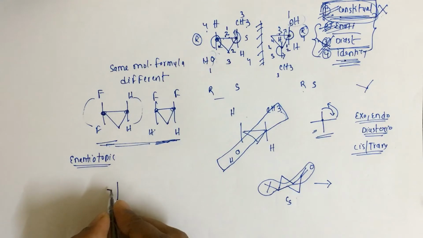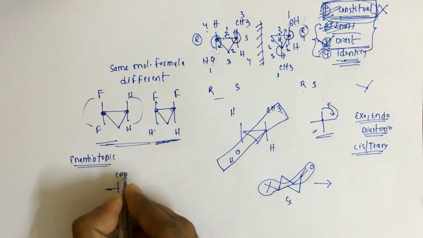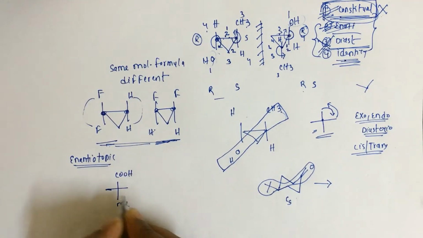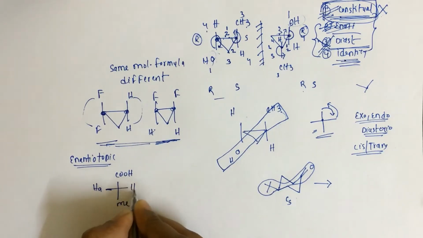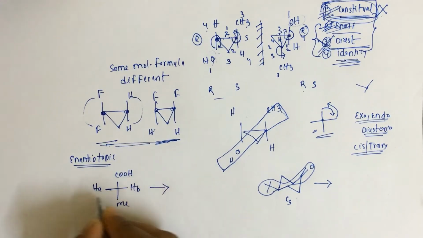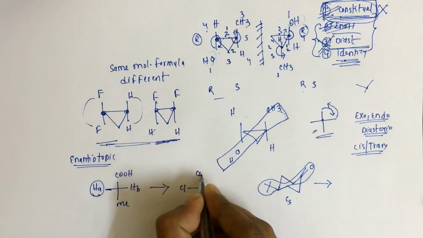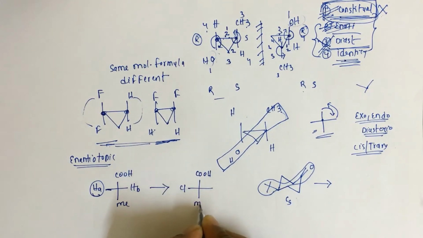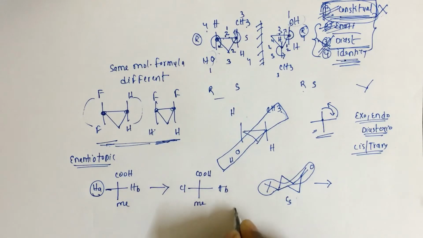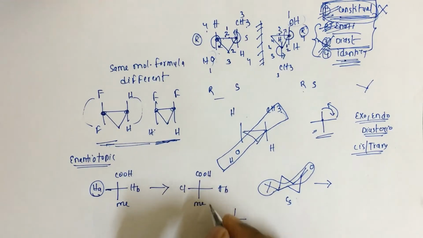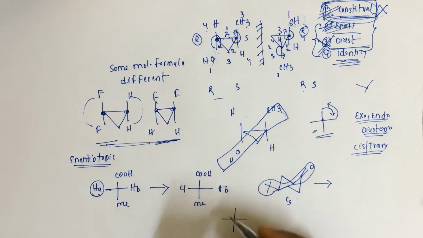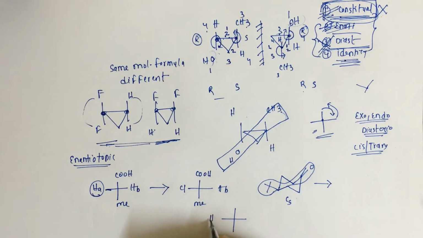I can take COOH, methyl, this is HA and HB. So first we replace HA, some chlorine we will take, COOH, methyl, HB, and here the RS nomenclature is perfect. When we have this kind of systems, the RS nomenclature is perfect to identify whether it is enantiotopic or diastereotopic.